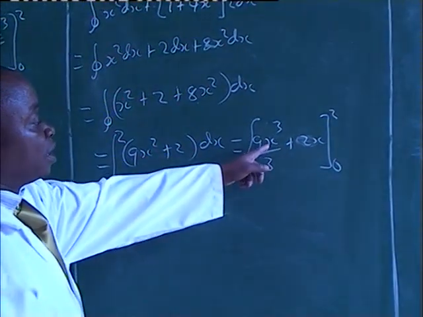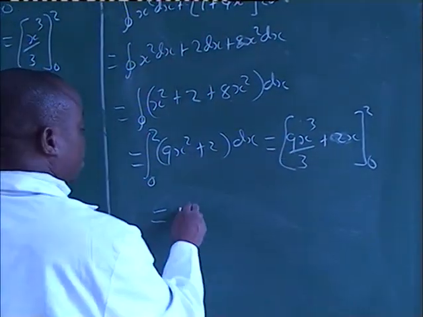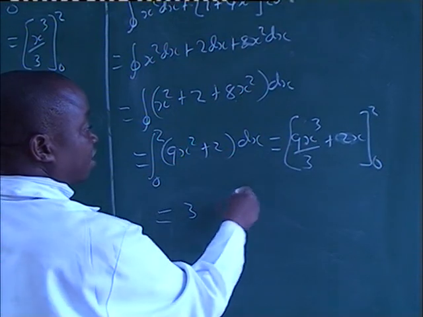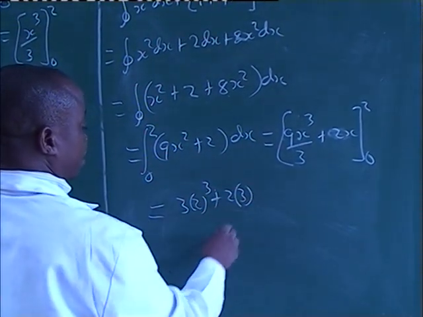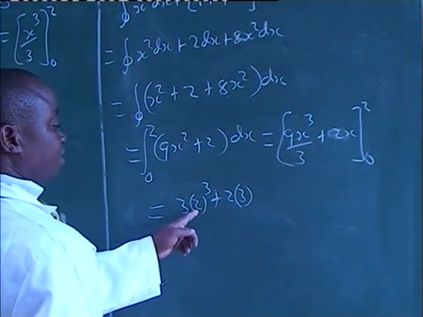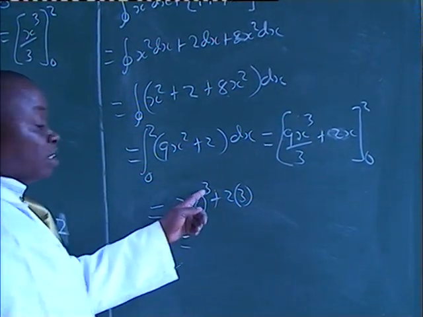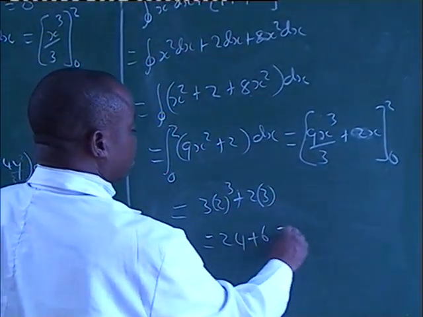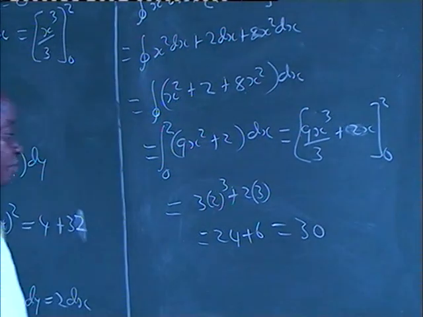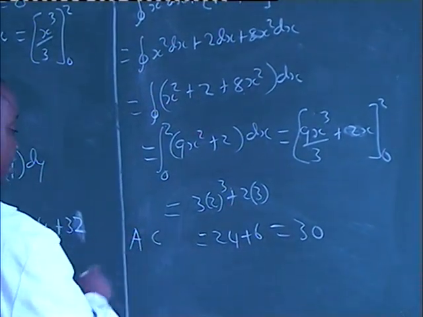And if we put 2 here, of course this is 3 times 2 cubed plus 2 times 2. Then 2 raised to the power 3 is 8. 8 times 3 is 24. 24 plus 4, so it becomes 28. That is AC, along AC.